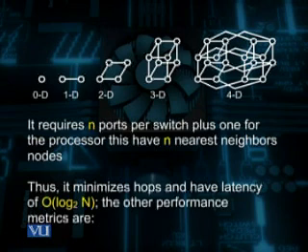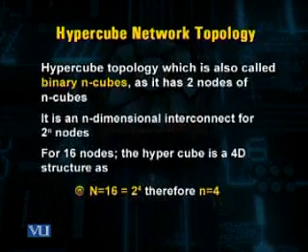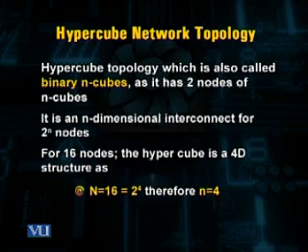As you can see from this figure, for all the 16 nodes, the hypercube is a 4-dimensional structure, where N is equal to 16, which is equal to 2 raised to power 4.